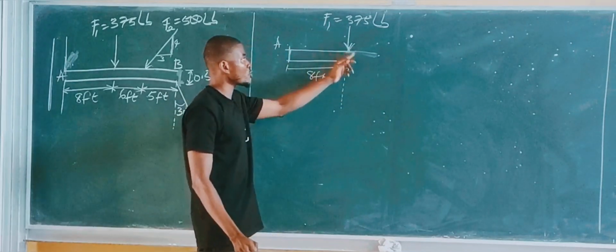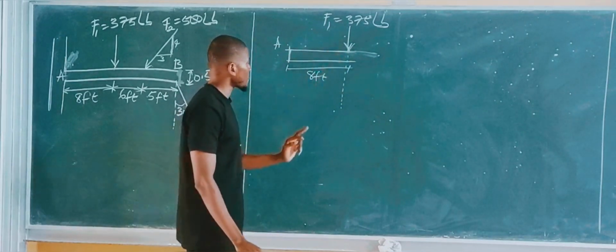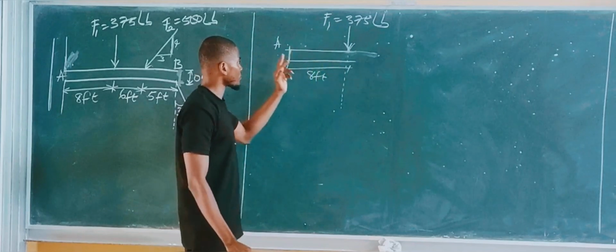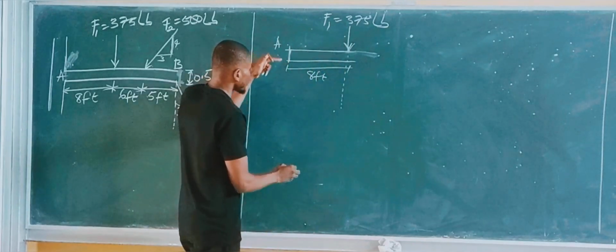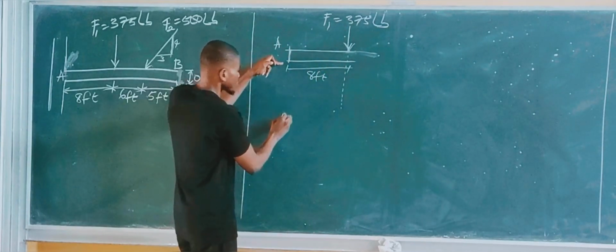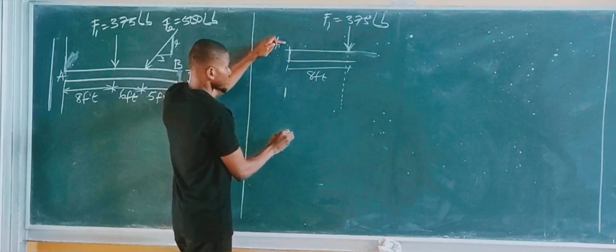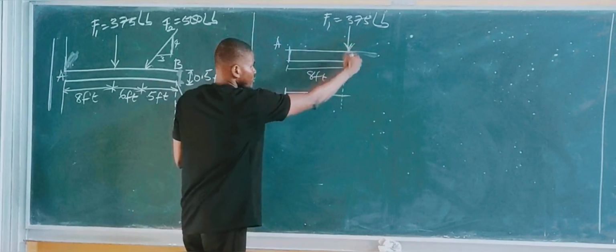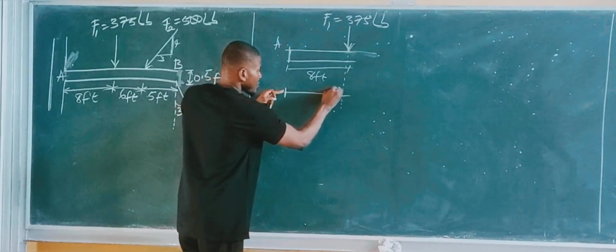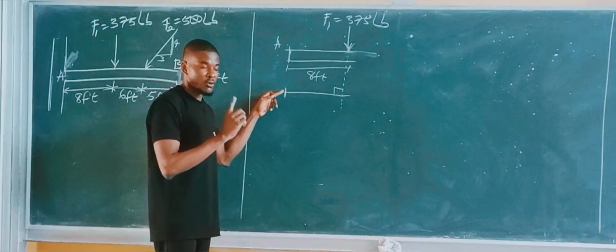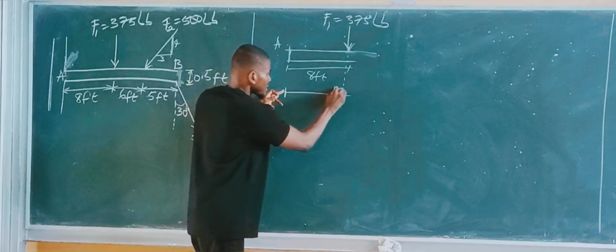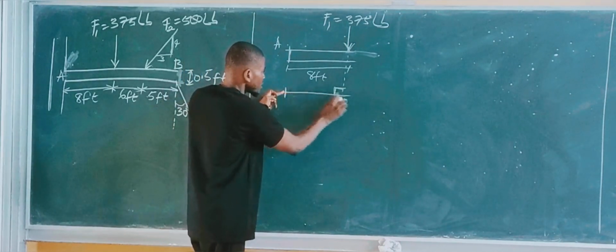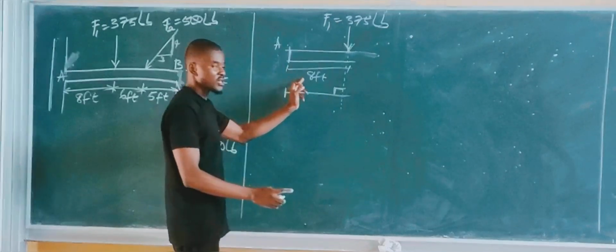Now, the line of action of the force and the distance that makes an angle of 90 degrees becomes what? The moment. So this is the distance that makes an angle of 90 degrees, simply from this point to this point, which is given as 8 feet.